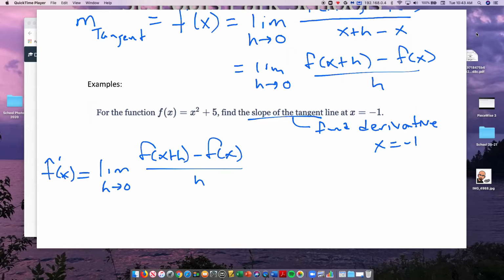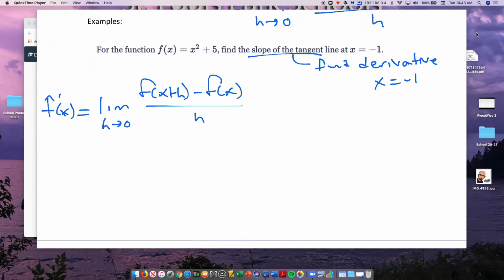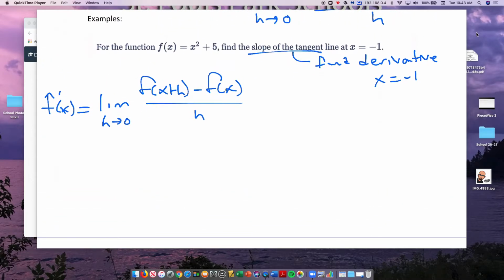Now what we have to do with that is use this function that we have and insert it in there and then do some simplification and use the idea that we had with limits from unit 1 to talk about how we would evaluate it. So let's use this particular function. We've got the limit as h goes towards 0, and let's put f of x plus h.